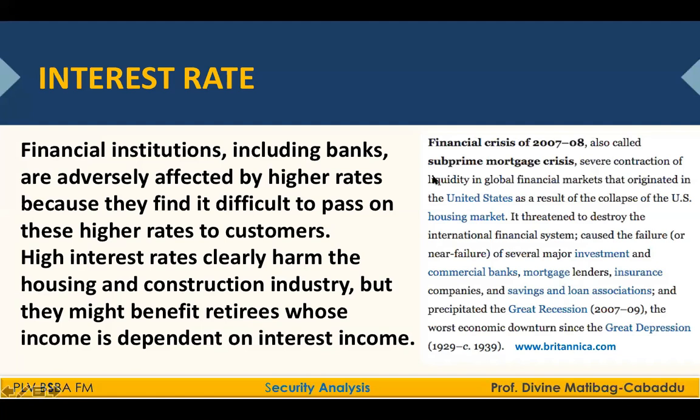A very classic example of this is the financial crisis of 2007-2008, also known as the subprime mortgage crisis, which happened in the United States. This has something to do with the higher interest rates on the mortgages on the housing market, which also caused a failure of several major institutions like commercial banks, mortgage lenders, insurance companies, and other financial institutions.